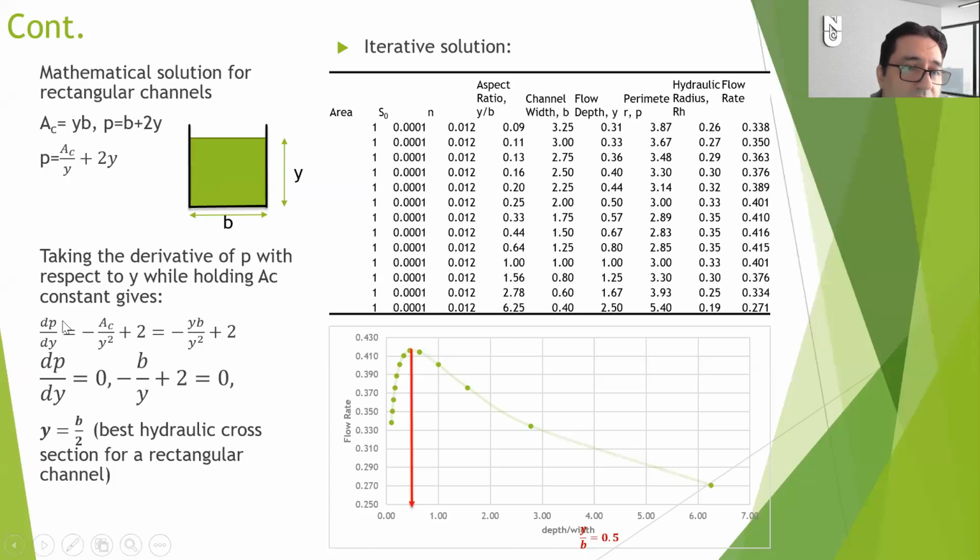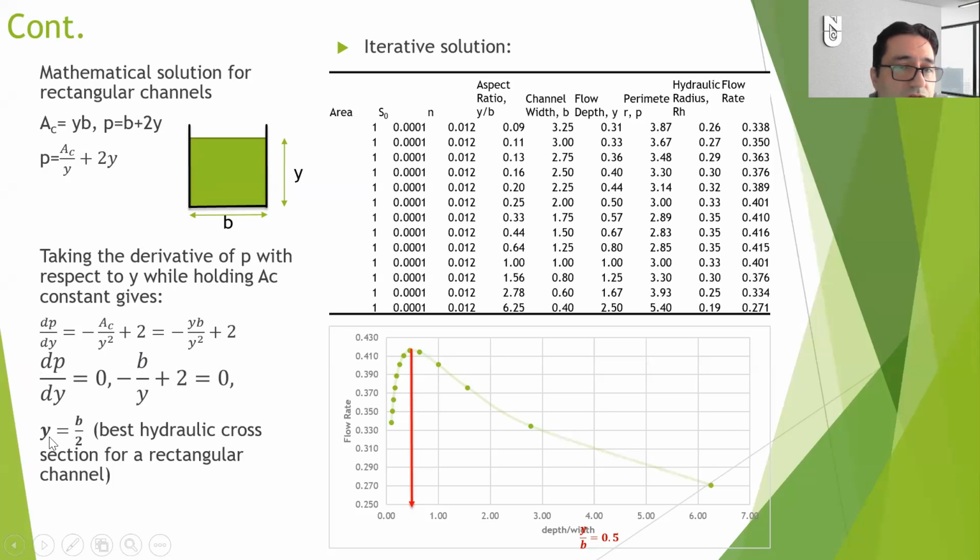This is the solution I am looking for, and the derivative function is given here. Minimizing means that the derivative of P over Y is equal to 0, and I think you can follow the solution on the screen.